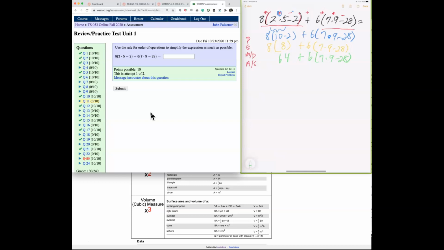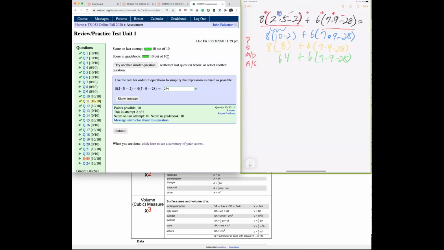If you do that long enough, like if you become a teacher of math, then you'll be able to do that pretty quickly. And then the final step in the evaluation is 64 plus 210. That looks like a 274 to me. Let's see what it says. 274. Oh, good.